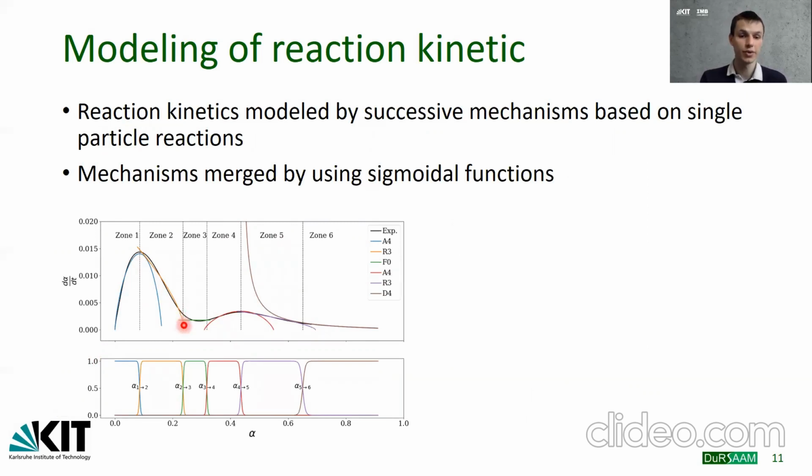Then you have an induction period modeled by a first order reaction, which still must be understood. And then the second peak is modeled by the classical succession of nucleation, shrinking core, and diffusion processes. In comparison to the R2 Kilo model, here we don't take a minimum of continuous functions.